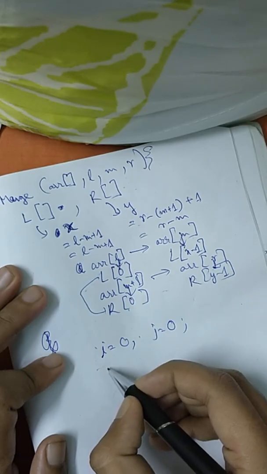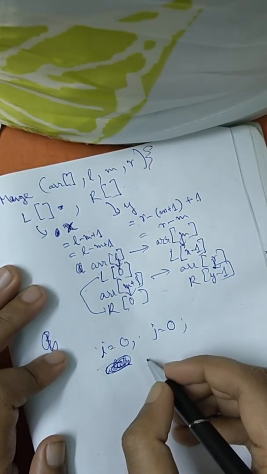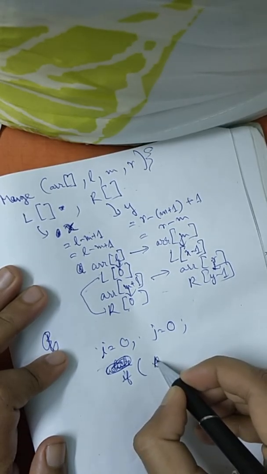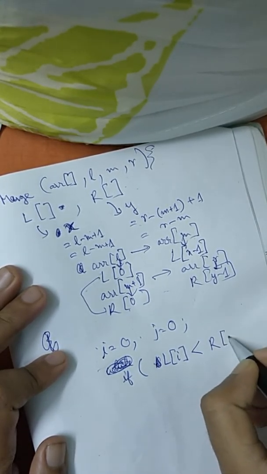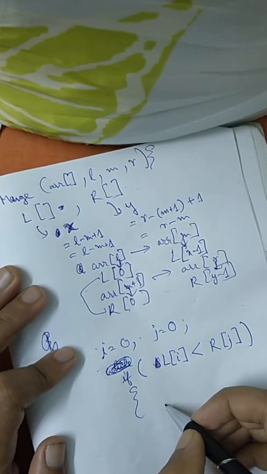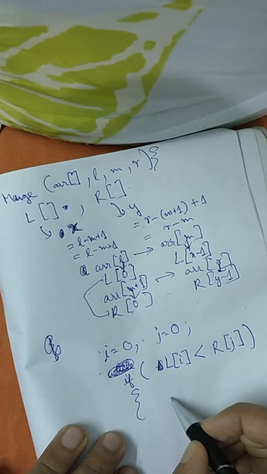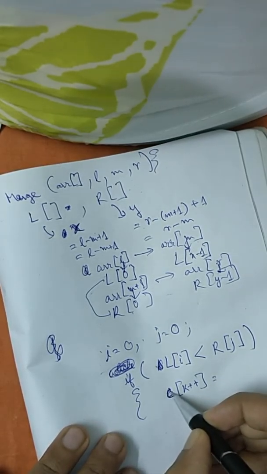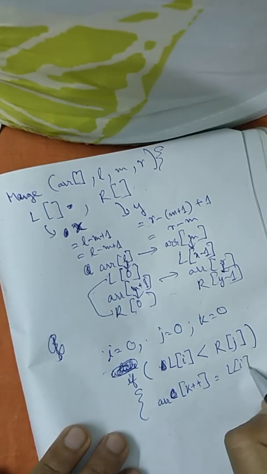Now we have i, j, so start copying while, if L of i is less than R of j, then ARR of k plus plus equals L of i, and i plus plus.